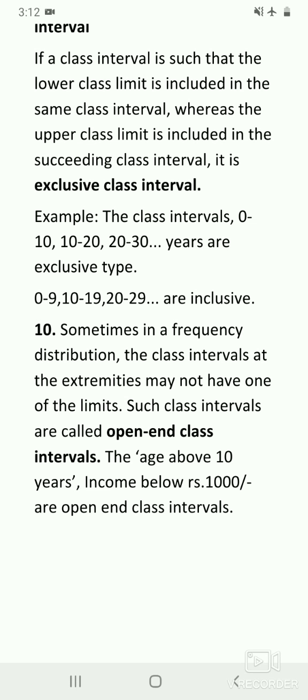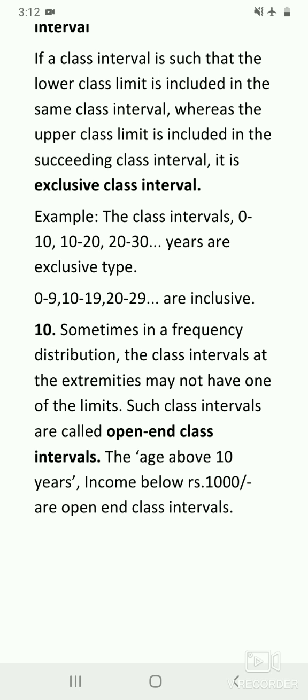Sometimes in a frequency distribution, the class intervals at extremities may not have one of the limits. Such class intervals are called open-end class intervals. That is, when you have certain data where either the lower limit of the first class or the upper limit of the last class will be missing.